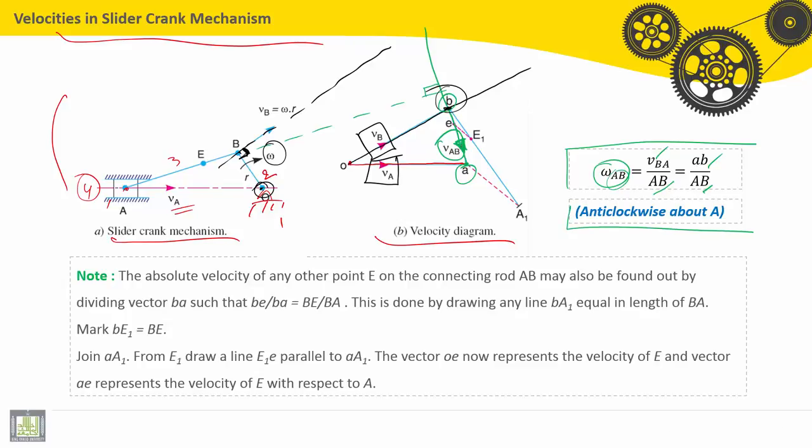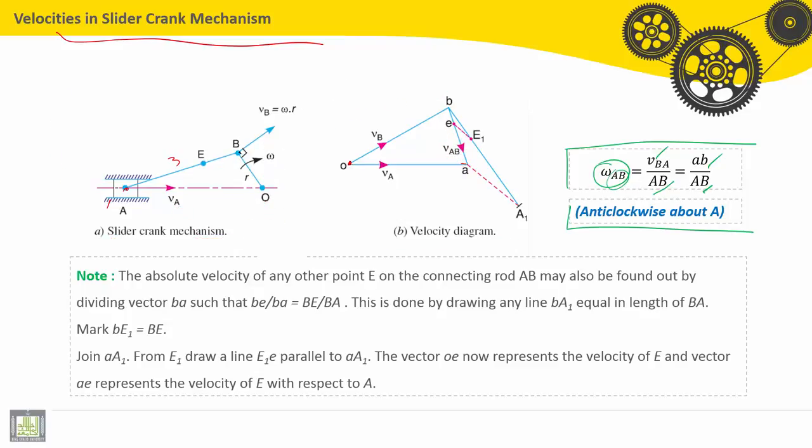Let's see now if we have a point E on the solid AB. The absolute velocity of any other point E on the connecting rod AB may also be found by dividing the vector BA such that BE divided by BA is equal to BE divided by BA on the space diagram.